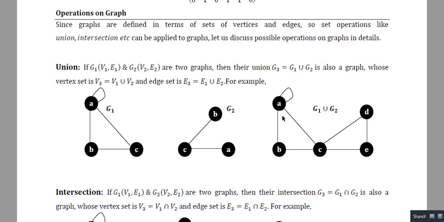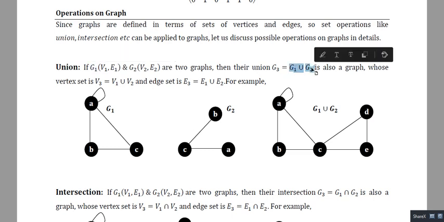If we are given two graphs G1 and G2, such that V1 and E1 are the set of vertices and set of edges of graph G1, and similarly V2 and E2 are the set of vertices and set of edges of graph G2, then the union of these two graphs is denoted by G1 union G2.